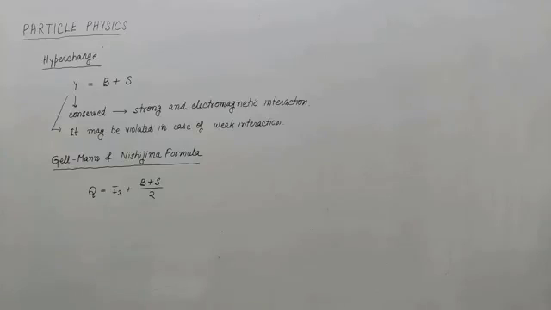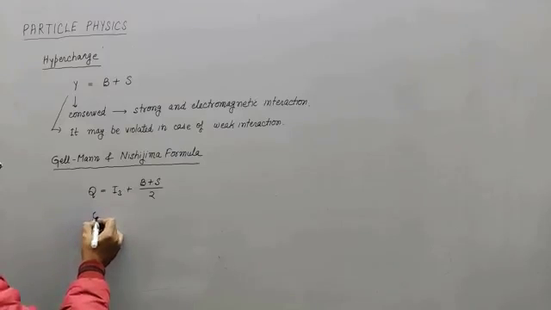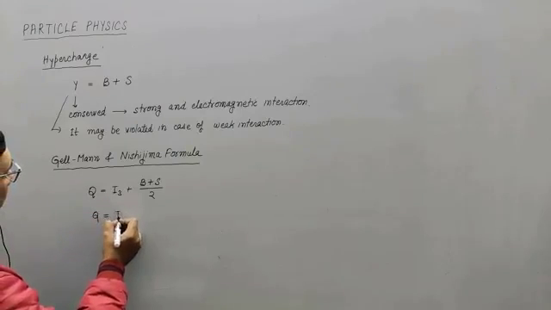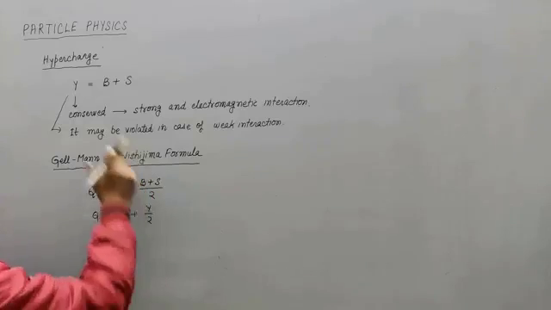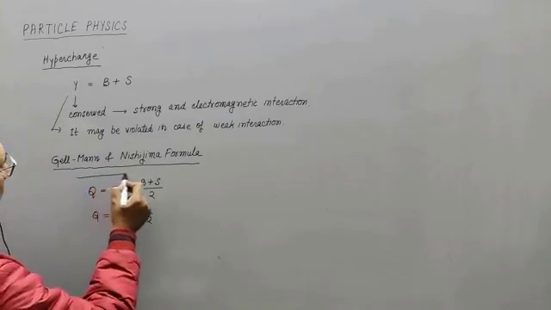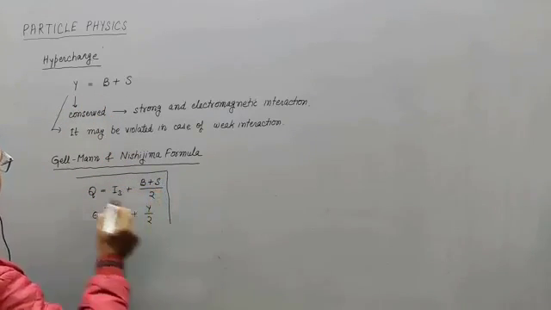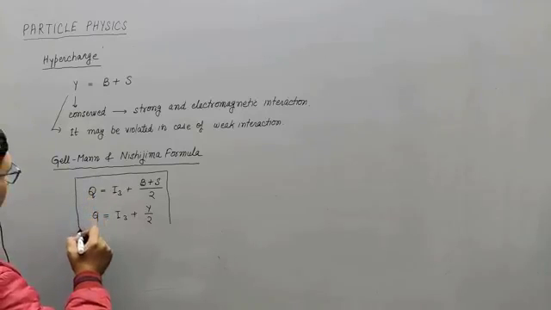They found this type of relation between the third component of the isospin and hypercharge. If you know the value of I3 and hypercharge, then you can always find the total charge on the particle. So this formula can also be written as I3 plus Y by 2, because B plus S is Y. This formula is known as the Gell-Mann and Nishijima formula.